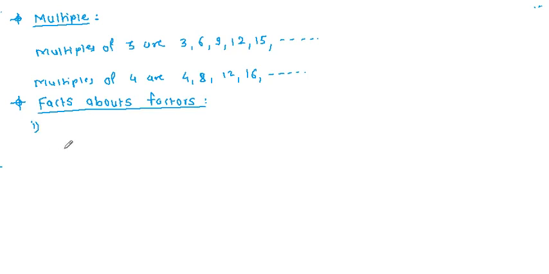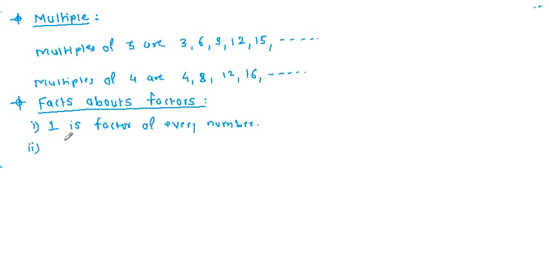That is, any number has one factor common, and it is 1. We can divide any number by 1, so 1 is a factor of every number.